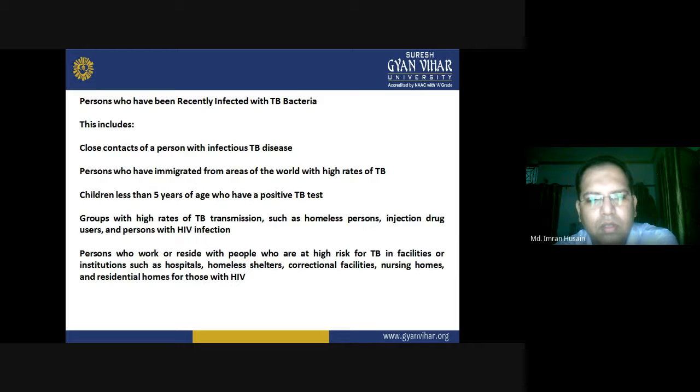Also, persons who work or reside with people who are at risk for TB in facilities or institutions such as hospitals, homeless shelters, correctional facilities, nursing homes, and residential homes for those with HIV.